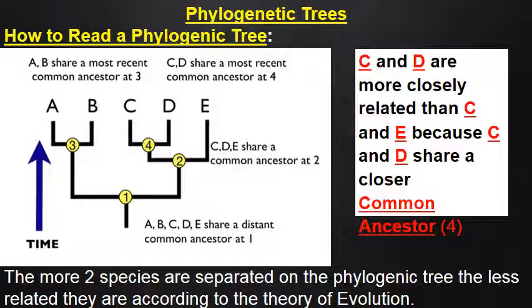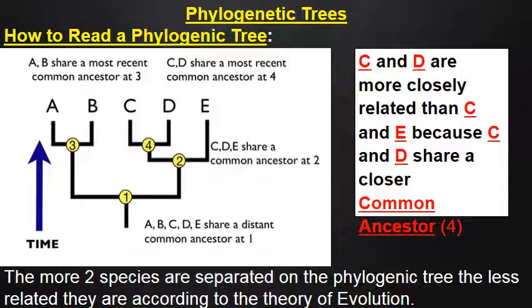Here we have a diagram. Notice A and B are connected by node number 3. So number 3 is the common ancestor of A and B. C and D are connected at node number 4.